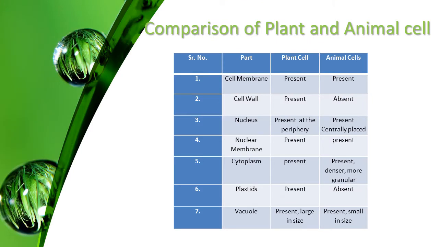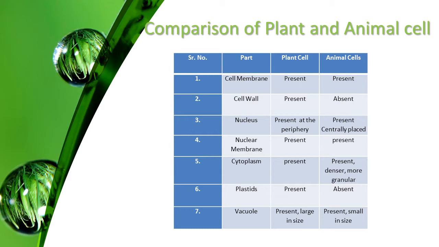This table displayed in front of you is prepared by keeping in mind the table given in your book on page number 96, table number 8.1. I have added a few more points in the next slide which you will understand very easily. So let us discuss one by one all these points.